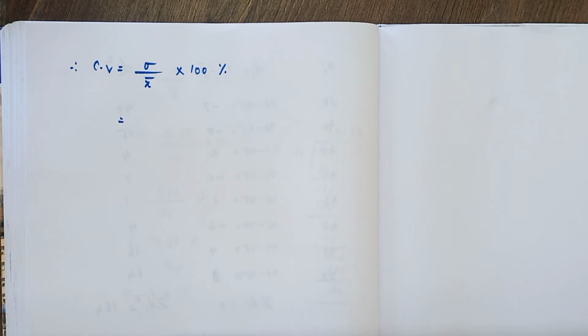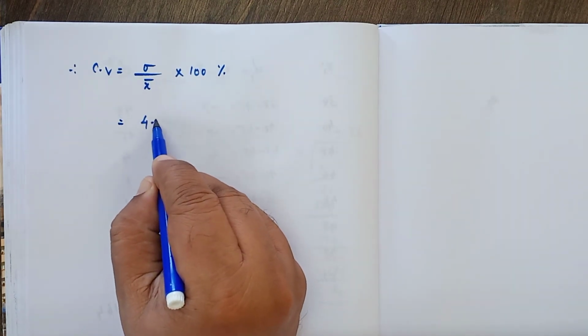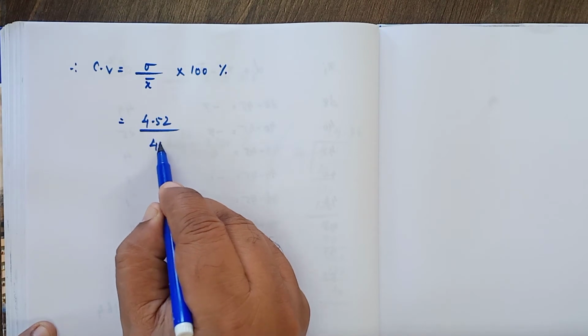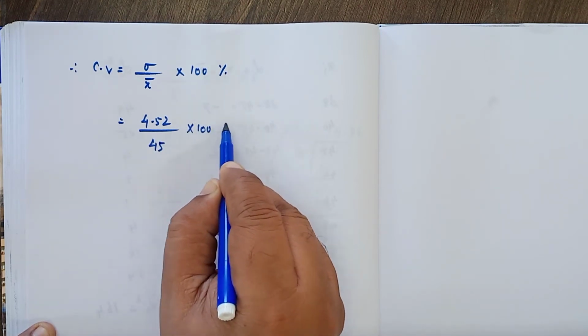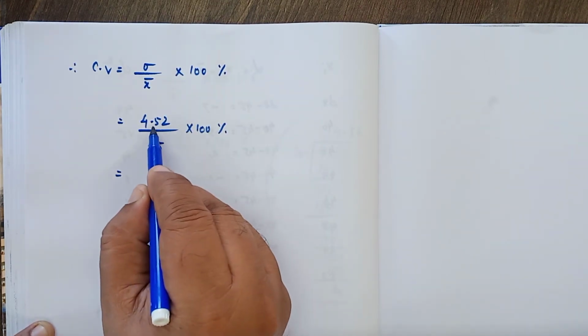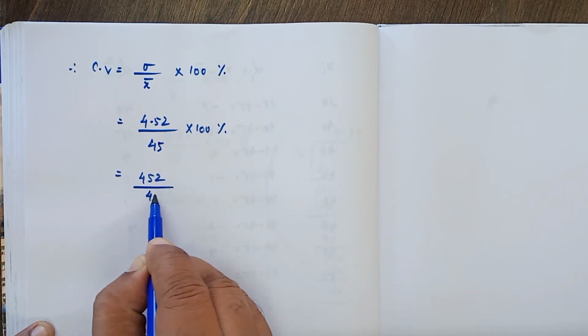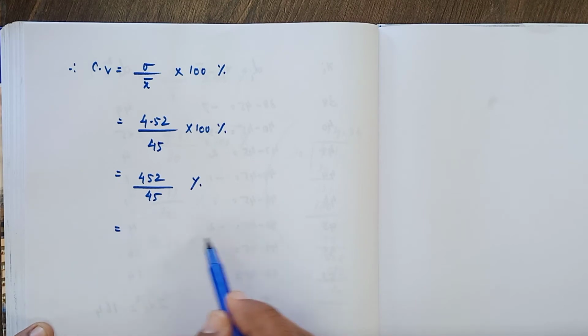Sigma, now we got it, that is 4.52, divided by x bar, already we got it, that is 45, into 100%. 4.52 into 100 is 452, divided by 45%.